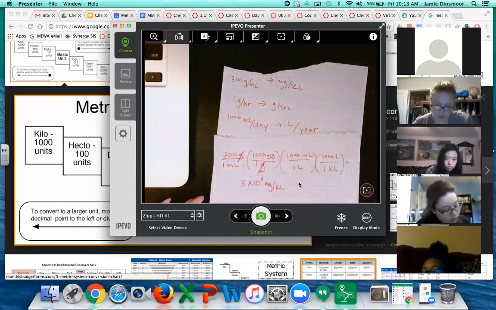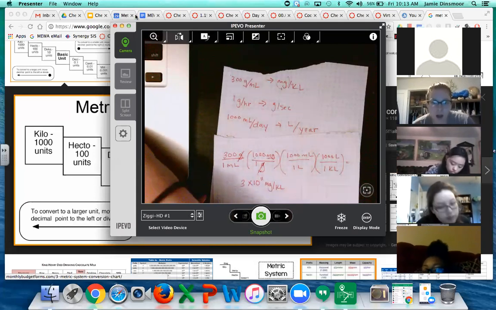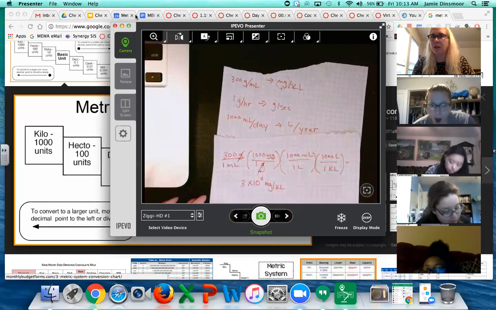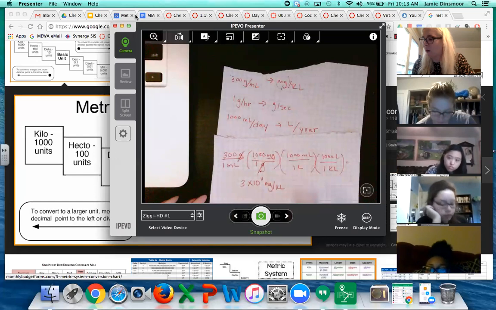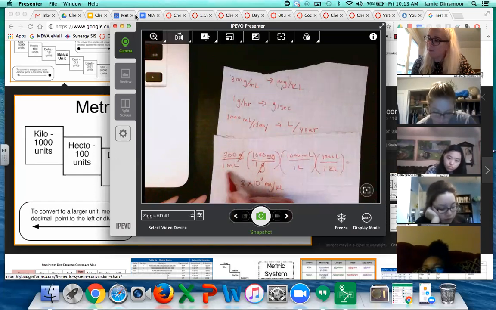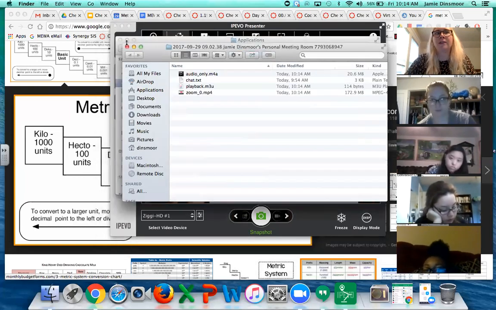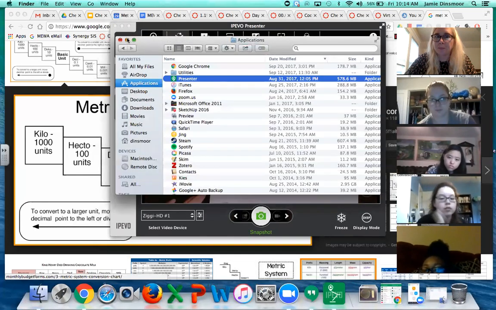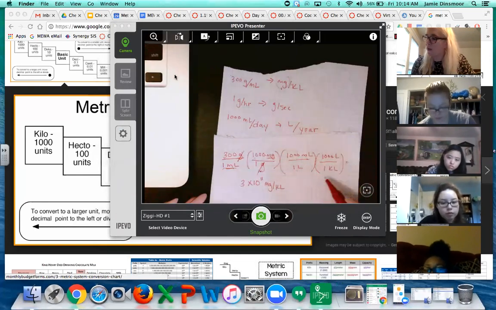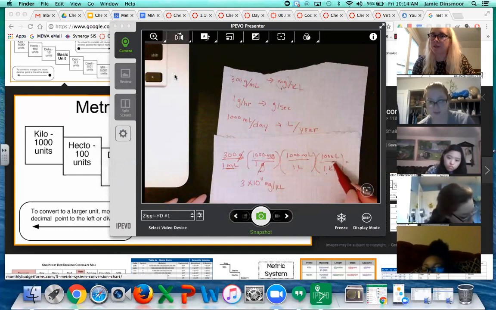Now I just have to get from milliliters to kiloliters, which I actually did in 2 steps because that's what made sense to me. You could have done it in 1 step as well. In 1 liter, there's 1,000 milliliters. So that's the conversion that I used. And then in 1 kiloliter, there's 1,000 liters.